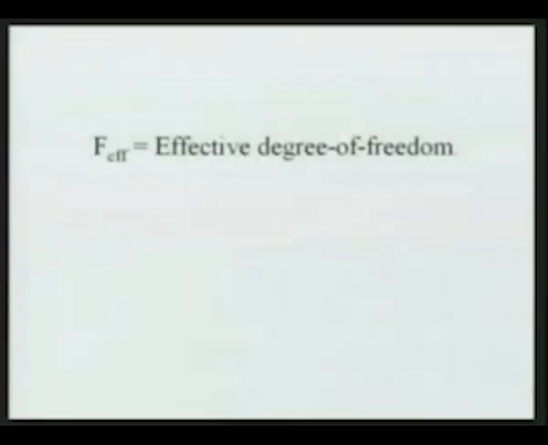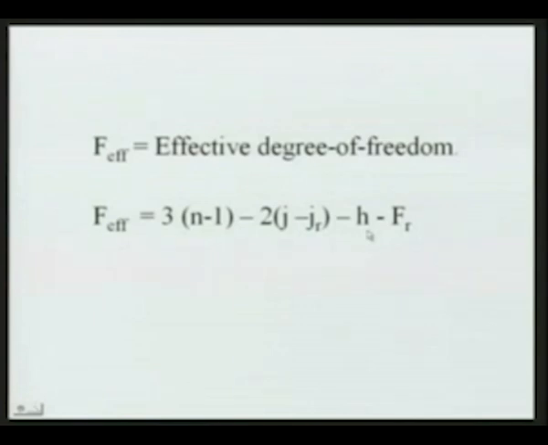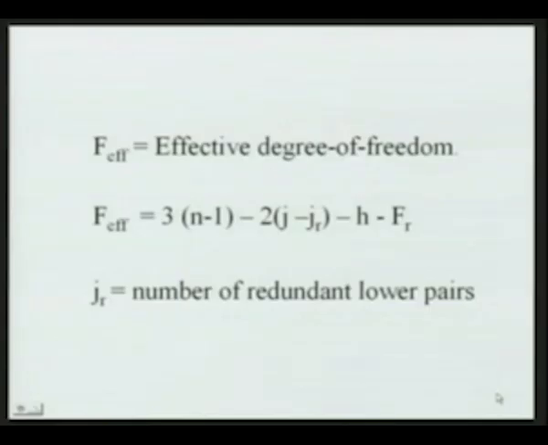If F effective implies the effective degree of freedom of a mechanism, then that is given by 3 times (N minus 1) minus 2 times (J minus JR) minus H minus FR, where FR was the redundant degrees of freedom, H was the number of higher pairs, and JR is the number of redundant kinematic pairs. And J is the total number of lower pairs, N is the total number of links.